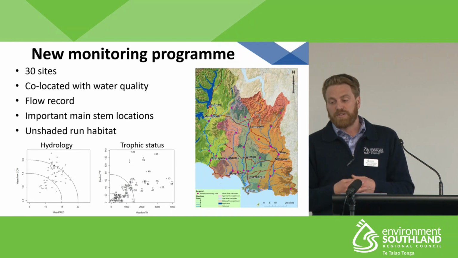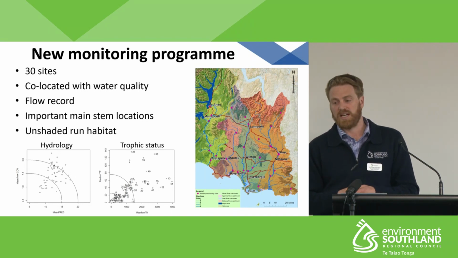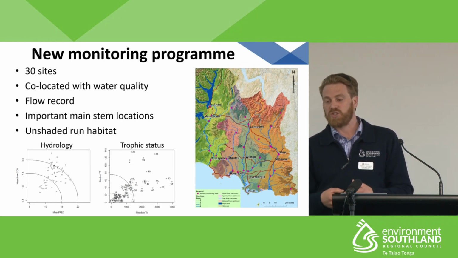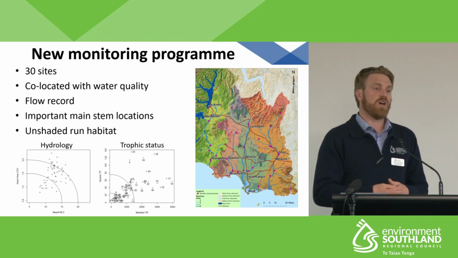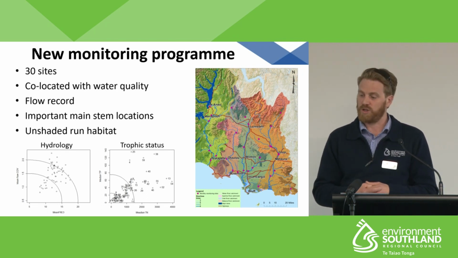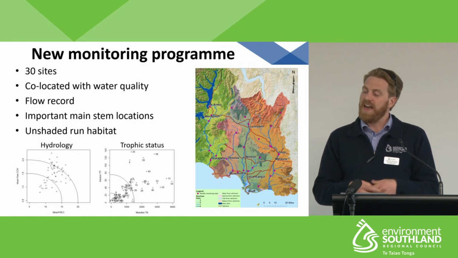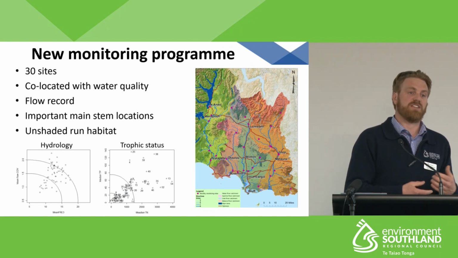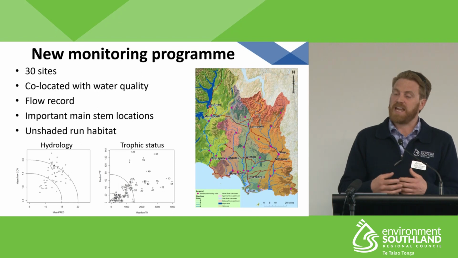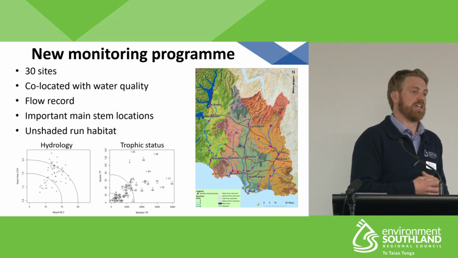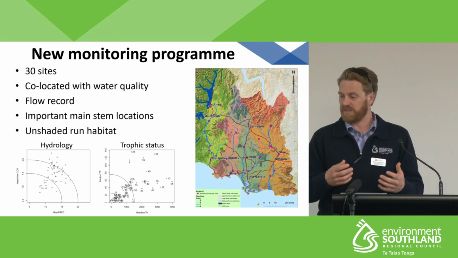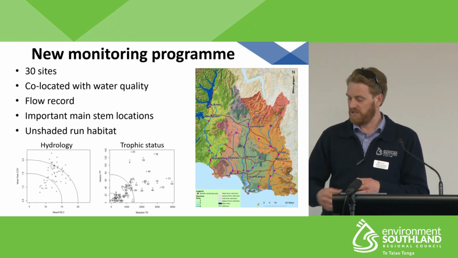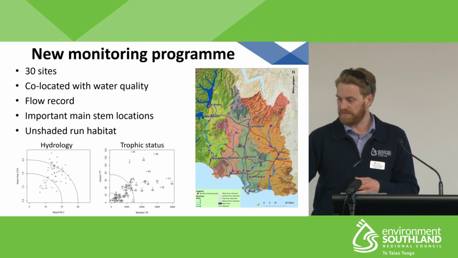We've also preferentially chosen sites that were co-located with flow records, and ensured that the important main stem locations of our four rivers are also represented. And then at the site level, we've endeavoured to standardise the observations to unshaded run habitat to reduce the effects of those factors.